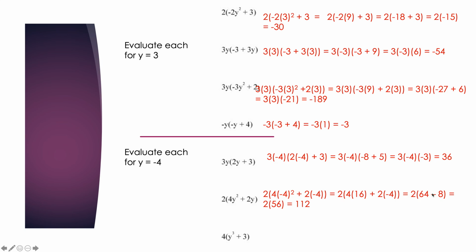Doing the 4 times 16, you get 64. 2 times negative 4 is negative 8. And then we get 64 minus 8 is 56 times 2. That's 112. The big thing that you're going to get here is you're either going to put this into the calculator and be very careful, as Elmer Fudd would say when he's hunting a rabbit. Very important to put negatives in parentheses.